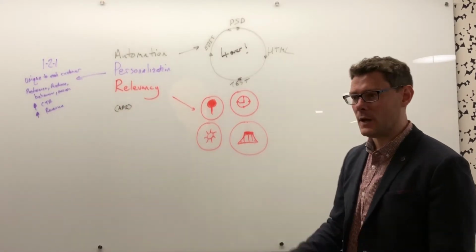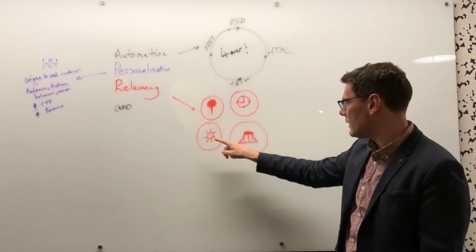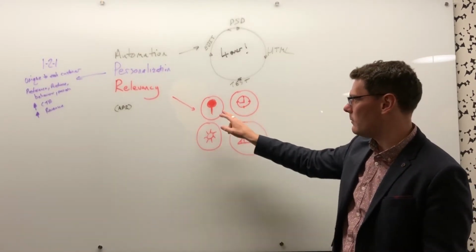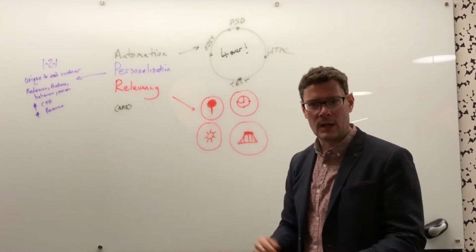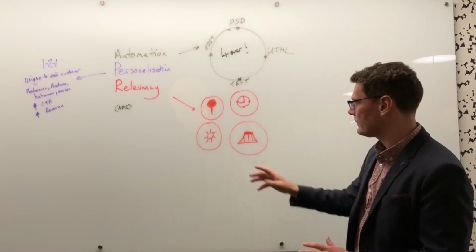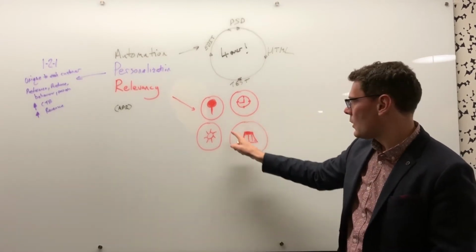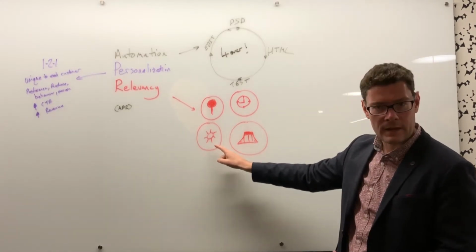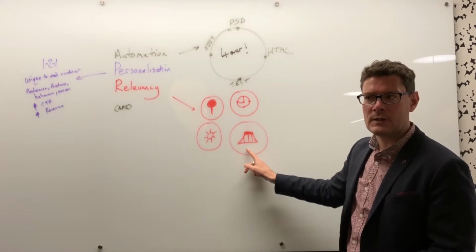So relevancy to us is where groups of people are seeing content that's relevant to them. So for example, they could see something relevant to the location that they're in, whether in London, New York, wherever it may be. They could see something relevant to the time that they open the email, or the weather in their location, and also maybe a segment that they're in.